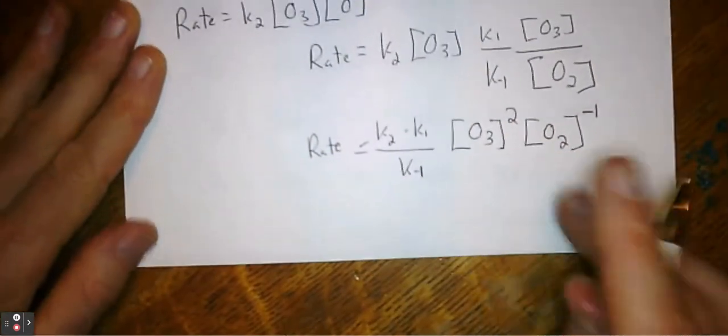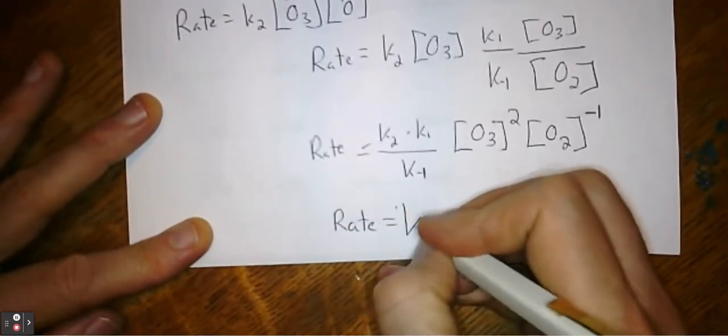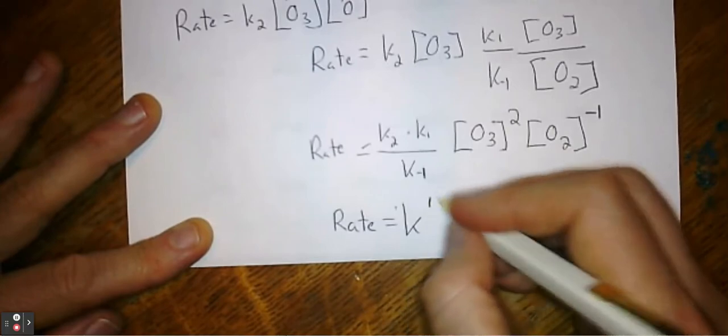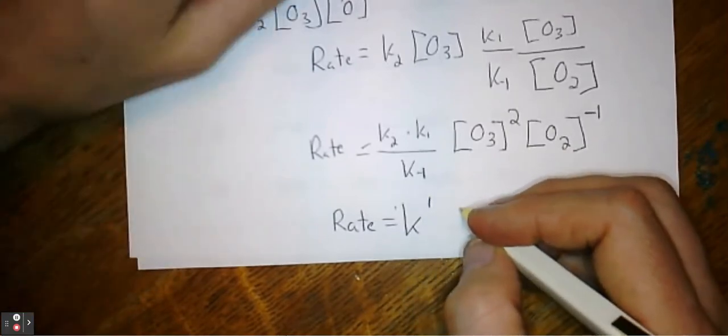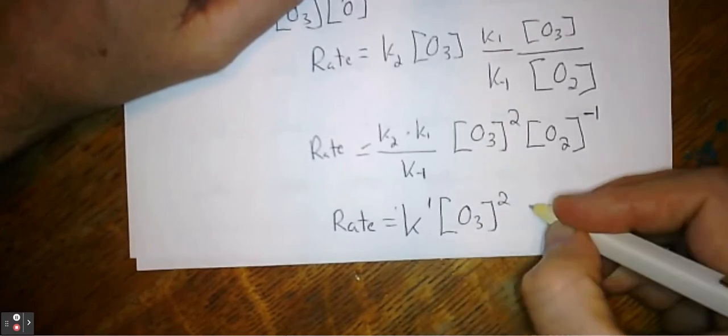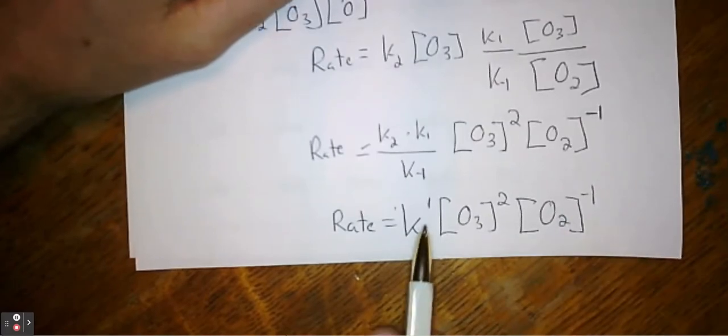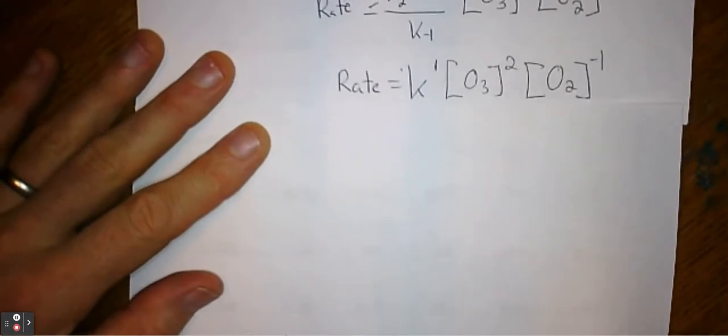And then just to make things a little neater, I write K, which is the observed rate constant. Just so we're clear, you could also write this like this.